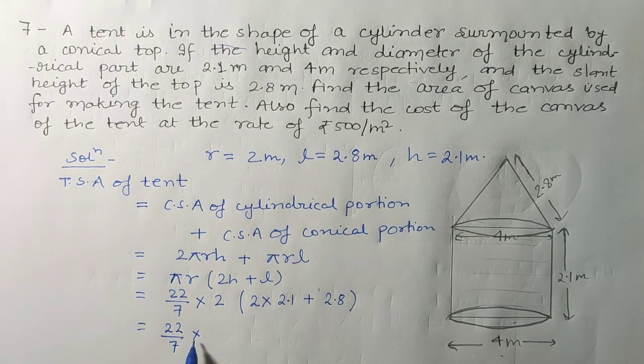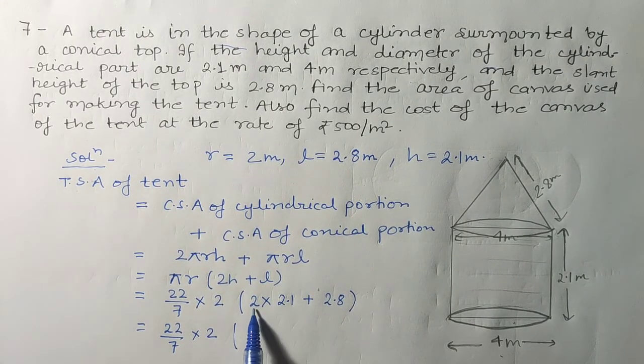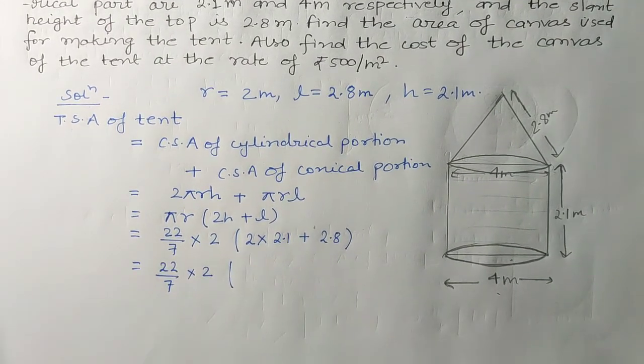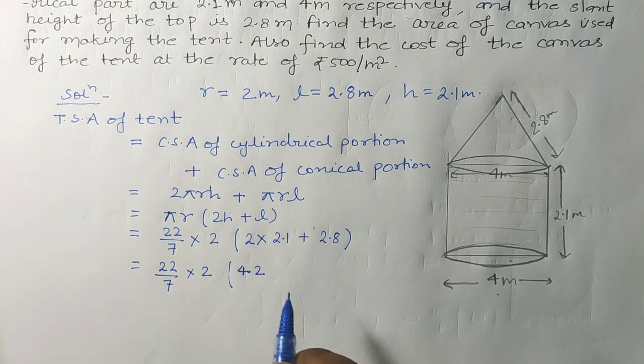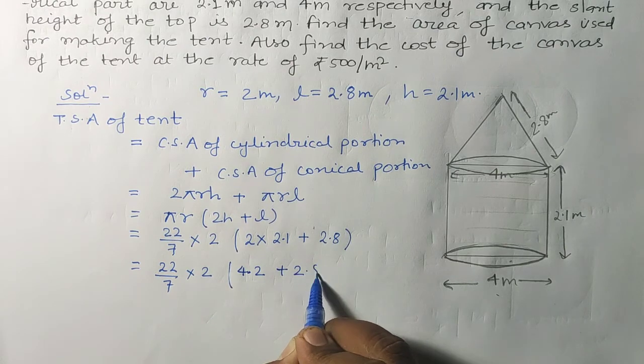22 by 7 into 2, in brackets 2 into 2.1, that is 4.2, plus 2.8.